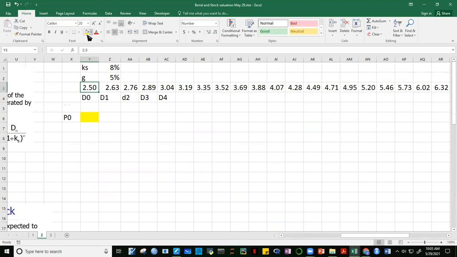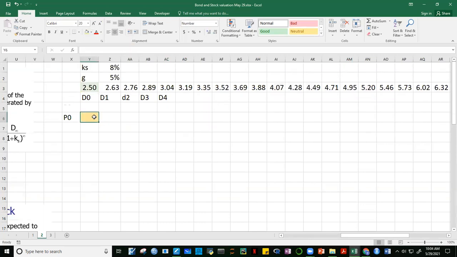Tapos na tong 2.5 na to, nabigay na yan dividends na yan. Ito yung mga future, yung 2.63, 2.76. Ang tanong, magkano ngayon yan? So sabi ni Gordon, that can be estimated by, okay.